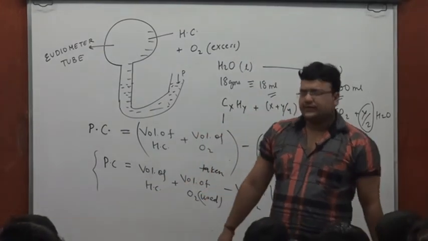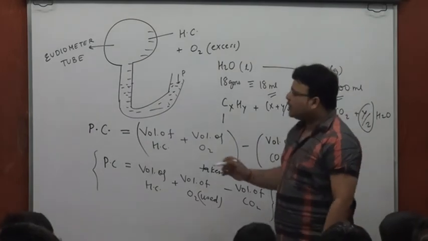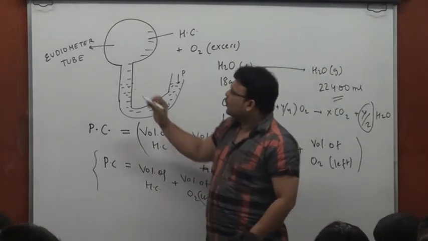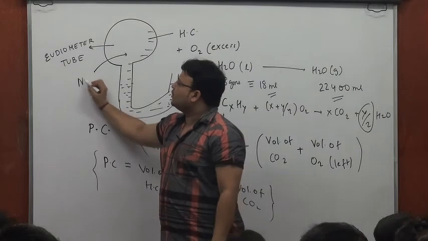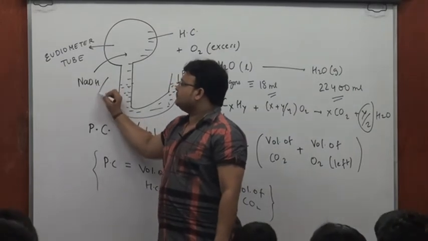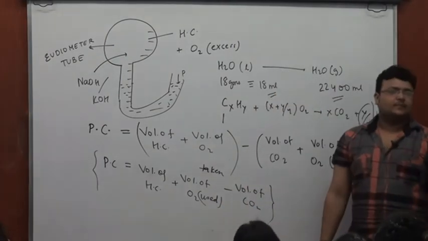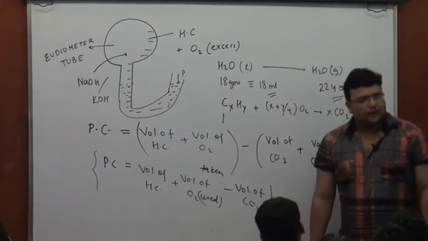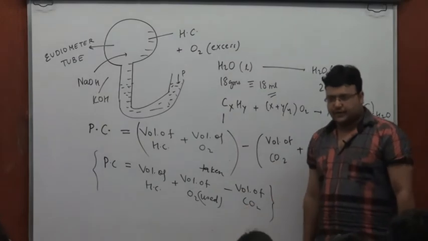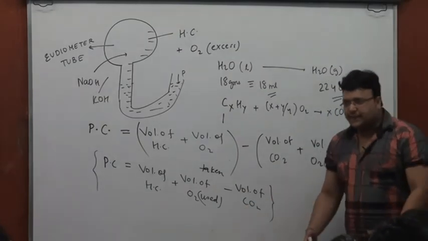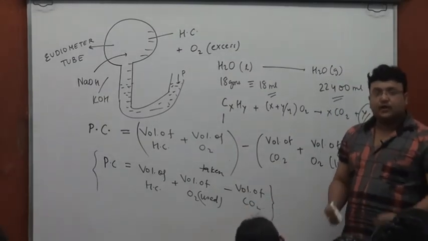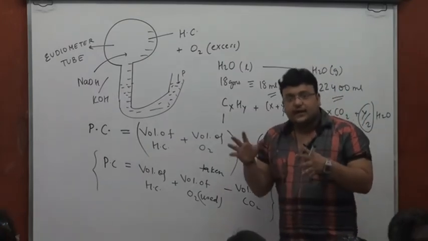So after noting down the primary contraction, you add a little amount of NaOH or KOH. It absorbs carbon dioxide. So if it absorbs carbon dioxide, the volume will further contract.